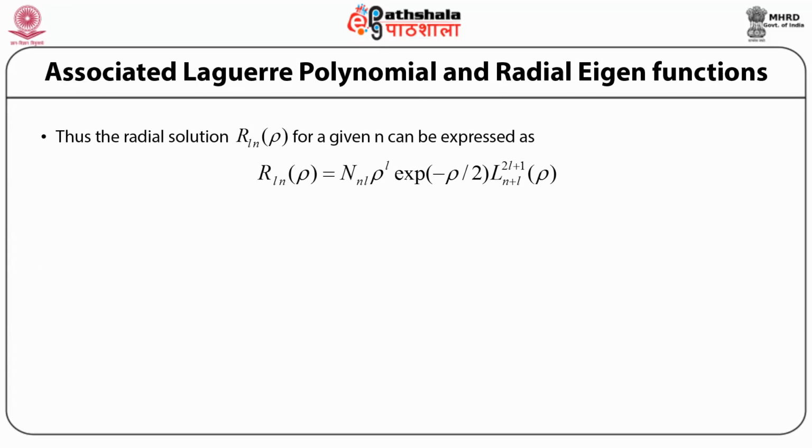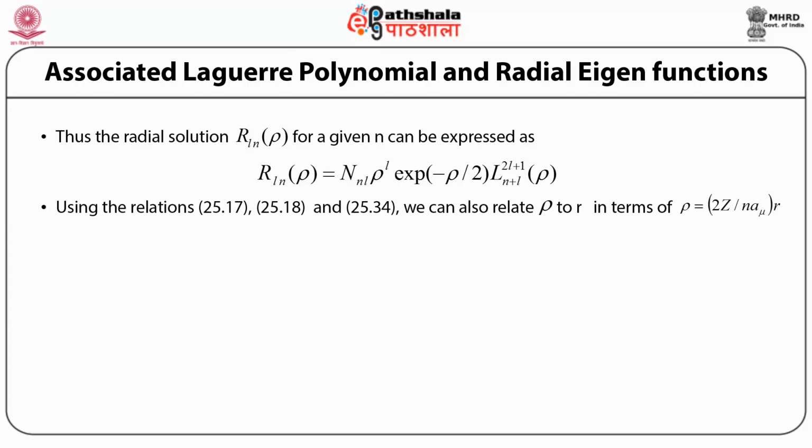Thus, the radial solution R_nl(rho) for a given n can be expressed as R_nl(rho) equal to N_nl rho^l exponential minus rho by 2 multiplied by L_{n+l}^{2l+1}(rho) as a function of rho.